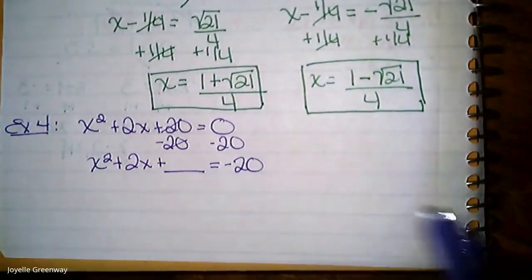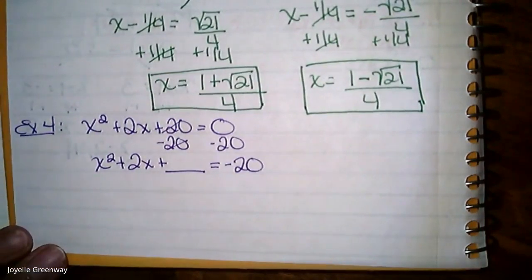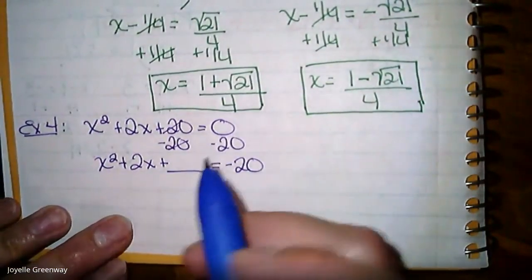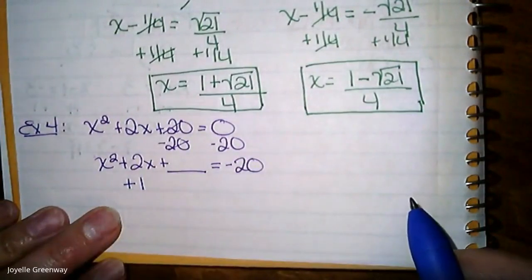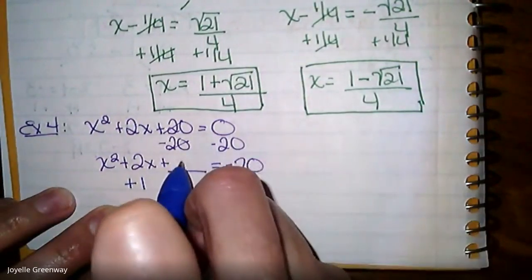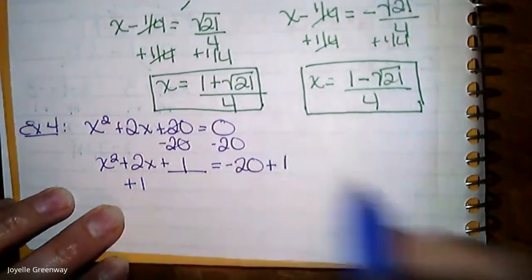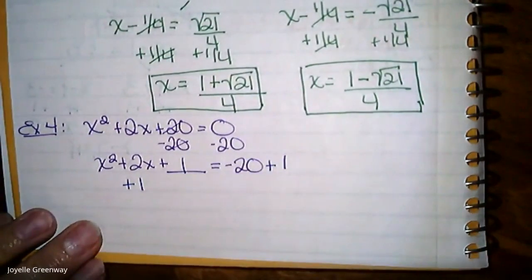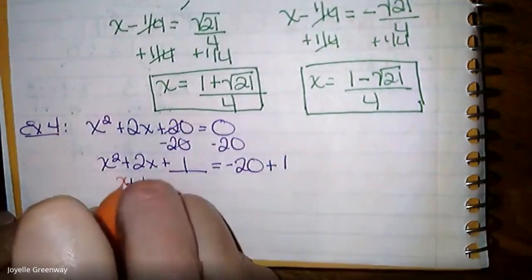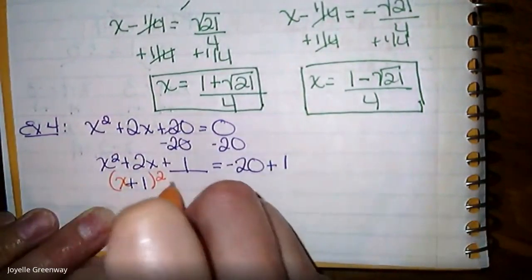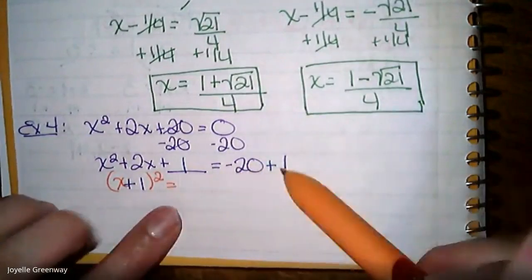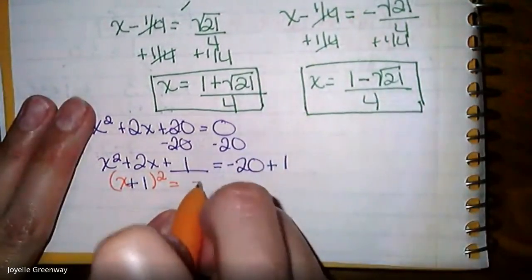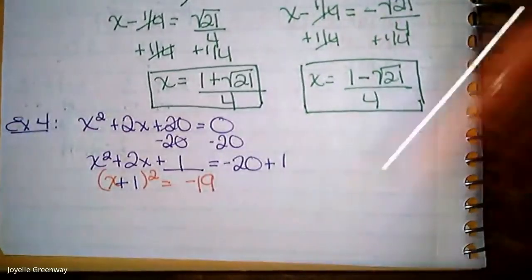That one should have been done in pink. Sorry. So now I take half of b, so half of 2 is 1. I square 1, which is 1, and add it to both sides. Okay, so then I finish my perfect square. So x plus 1 quantity squared equals negative 20 plus 1 is negative 19.